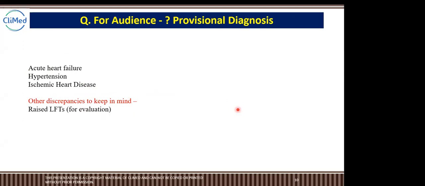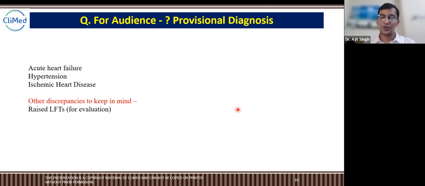It should be at least a threefold increase from the baseline. It should be at least more than 2.4 creatinine, and AKI is not only considered based on the creatinine, it is based on the creatinine clearance. Okay, GFR, right? Based on GFR we call it AKI. So that is the provisional diagnosis.